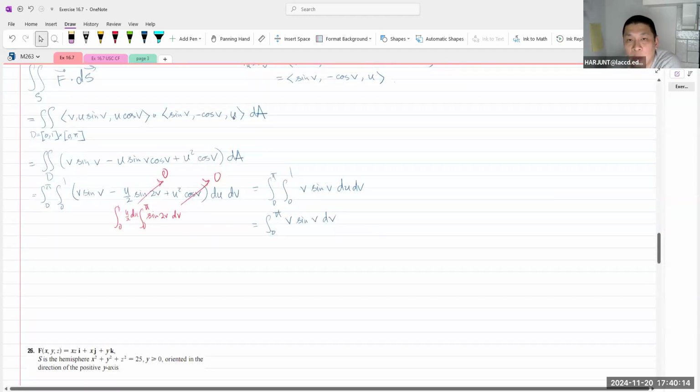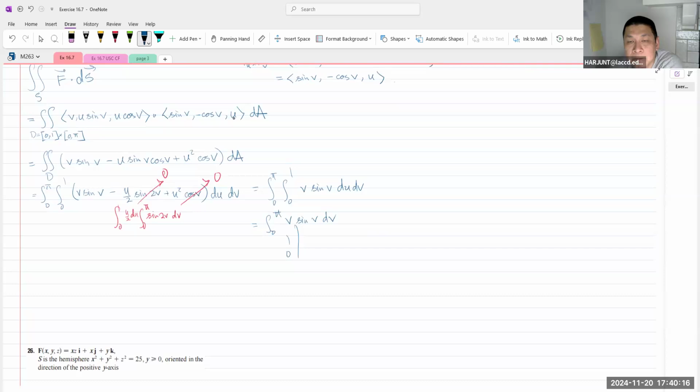Okay, and then from there we do integration by parts. So that is equal to negative phi cosine phi plus sine phi from 0 to pi.